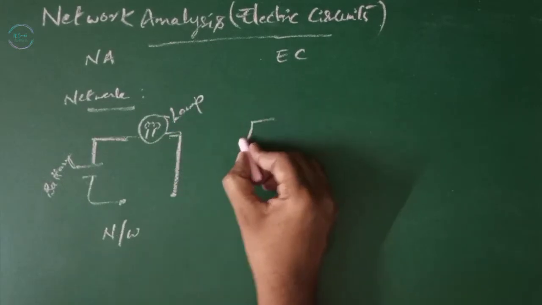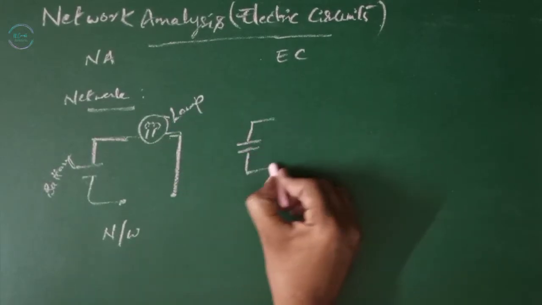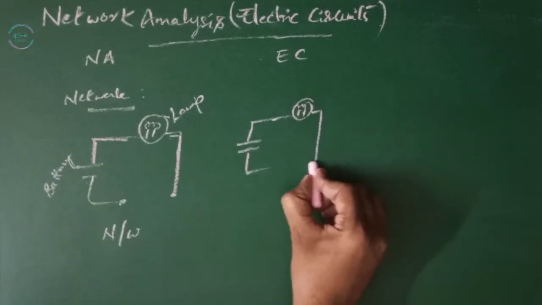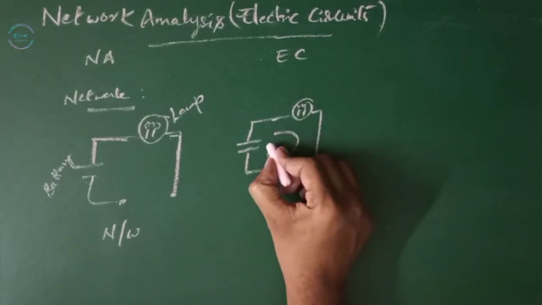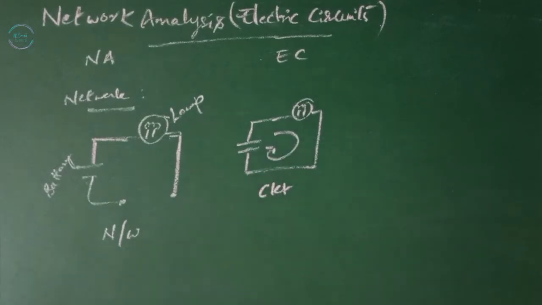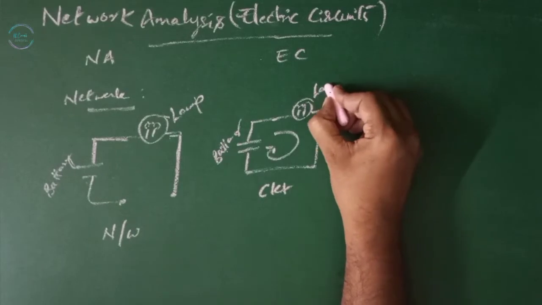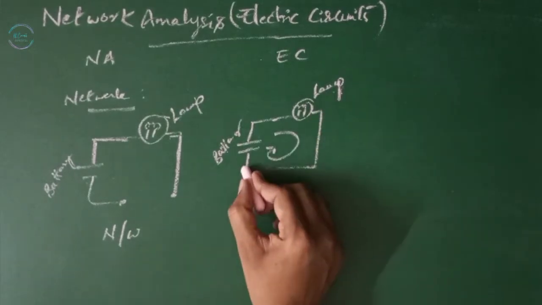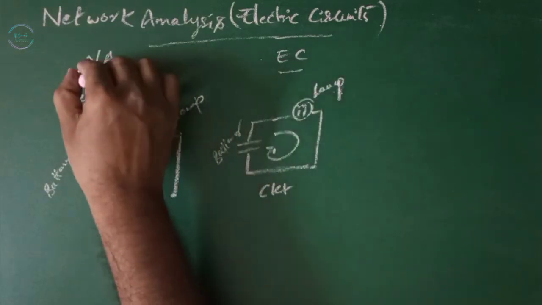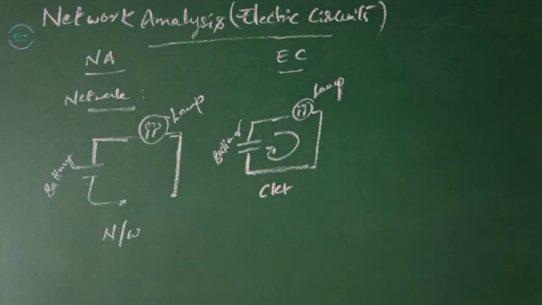If the same battery is connected with the lamp and a closed path is there, then this is called a circuit. The simple difference is, if it is closed, then it is an electrical circuit. If it is not closed, then it is known as a network. Studying or understanding the existing network is known as network analysis.